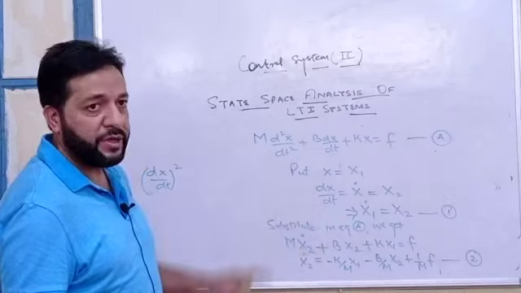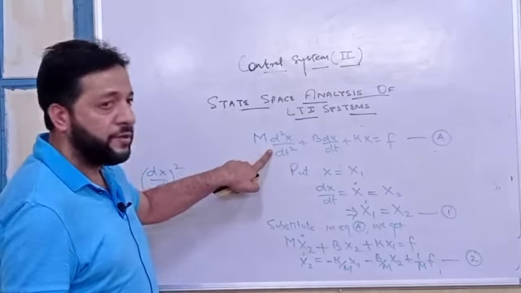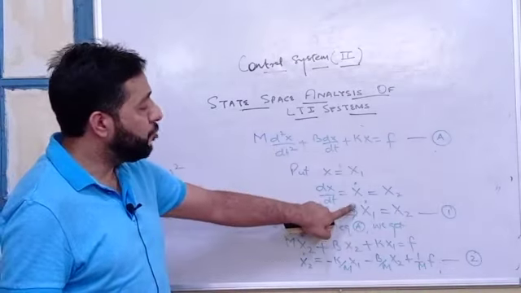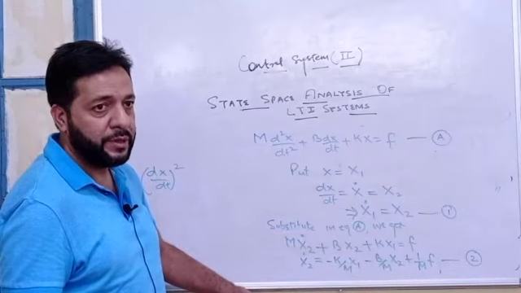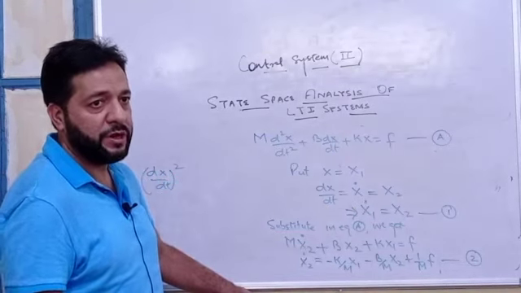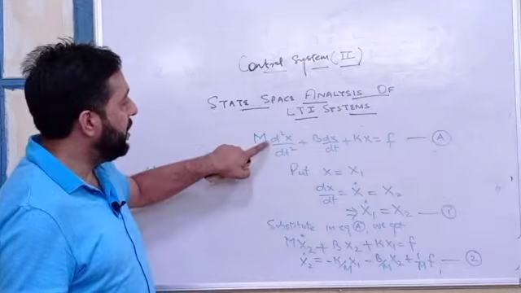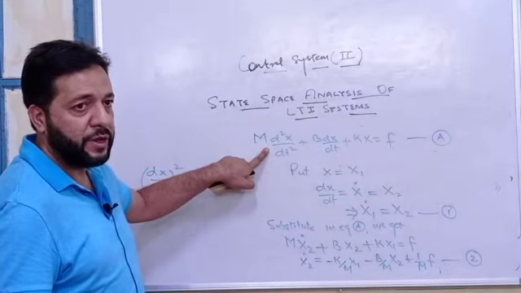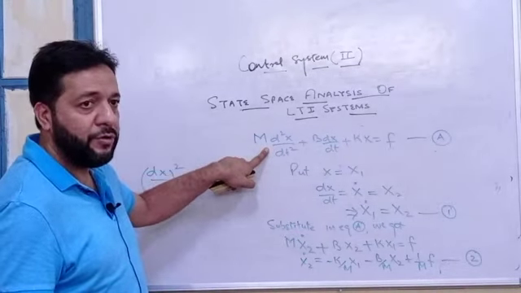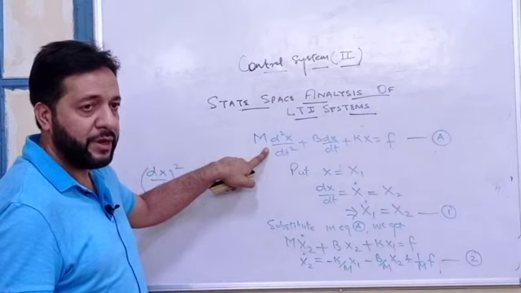So basically what I have done is that a second order differential equation has been decoupled into two first order differential equations. Are you getting me? This is what is done in state space modeling. So in general, if you have an nth order differential equation governing a system, you decouple that into n first order differential equations. Are you getting me?